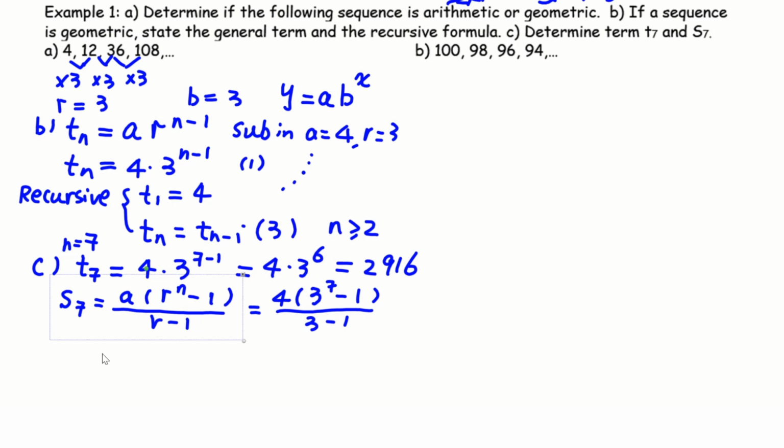So you will use your calculator to find it out. It's 4,372. When you do the calculation, make sure to divide by the denominator in brackets, 3 minus 1. So this is for sequence A.